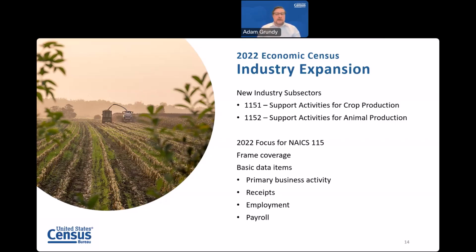So we asked for a couple different basic data items from the businesses that reported to the economic census. We want to know their primary business activity. So whether or not they're a retail location, a manufacturing plant, or potentially a wholesaler, all those different types of things are covered in different sectors of the economy. Also, the receipts, the year-end 2022 revenue and sales that they created from their business. That goes a long way of telling us some of the different great businesses that are in the United States.